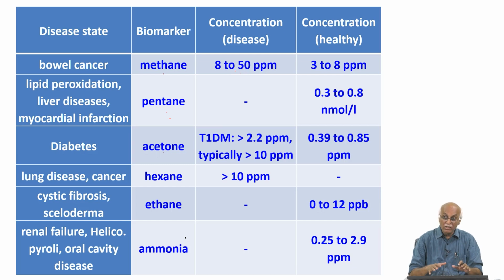Of course, they do not exactly indicate, they may be only a biomarker. Its presence in a small amount, increase or decrease, you cannot simply derive that if acetone is increased, the person is diabetic.